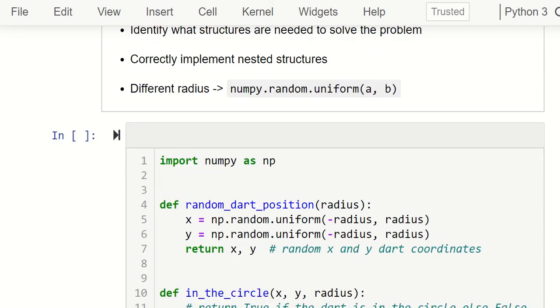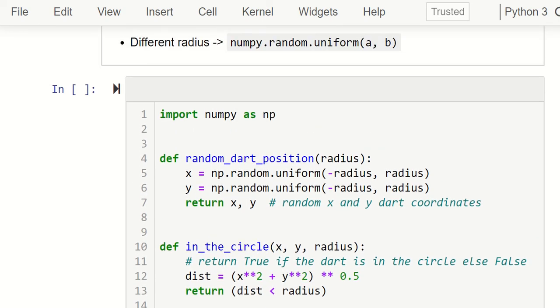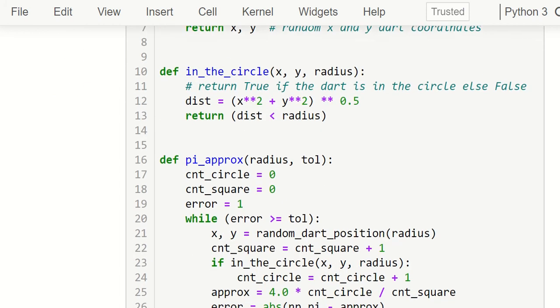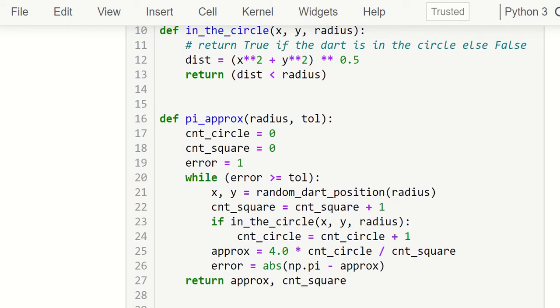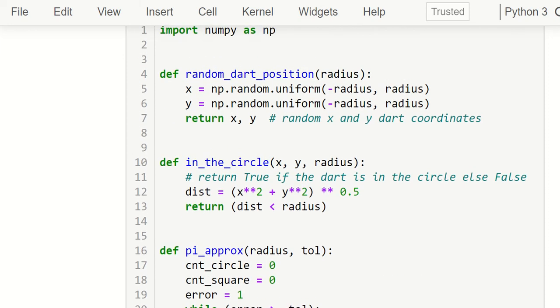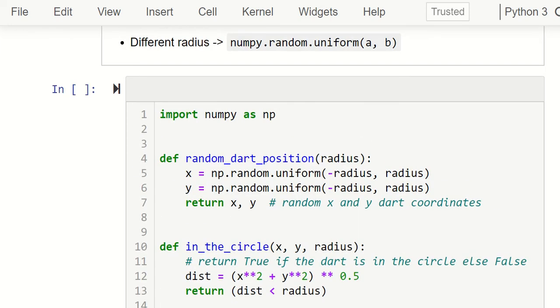Right, so this is then done with basically the function here, def pi underscore approx. I'll get back to that in a moment. The author here decided, and I forgot about this, which is a good idea, to generate a separate function to check whether the dart was thrown inside or outside of the circle.